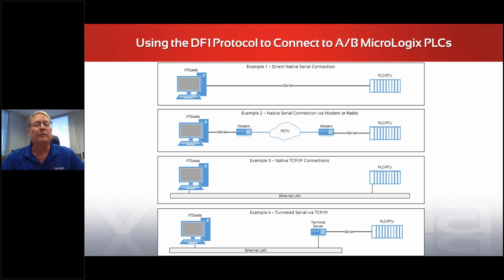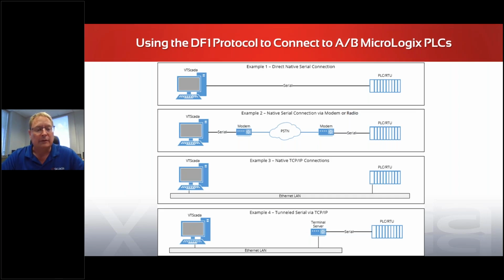So example 2 there would show the VTScada computer connected to a master radio through a serial connection, and then on the receiving end, there'd be another, slave radio connected to the RTU that's out in the field. Okay, the third one is just a straight network connection, TCP/IP connection, and that's what we'll be looking at first once I get past the slide.